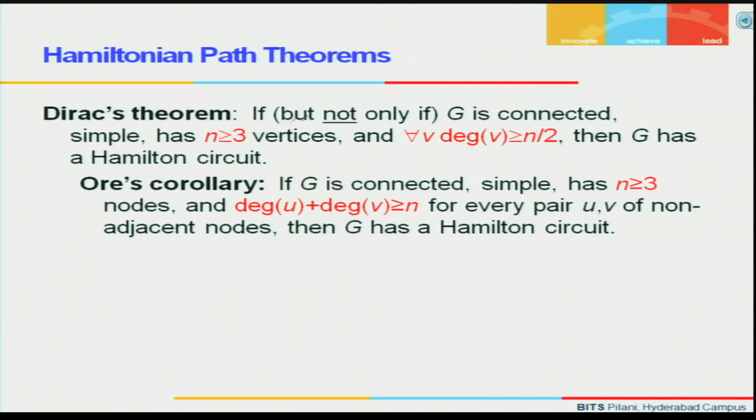Here, if G is connected and it is a simple graph, and we know that the degree of each vertex in G is greater than or equal to n by 2, then we say G has a Hamiltonian circuit.